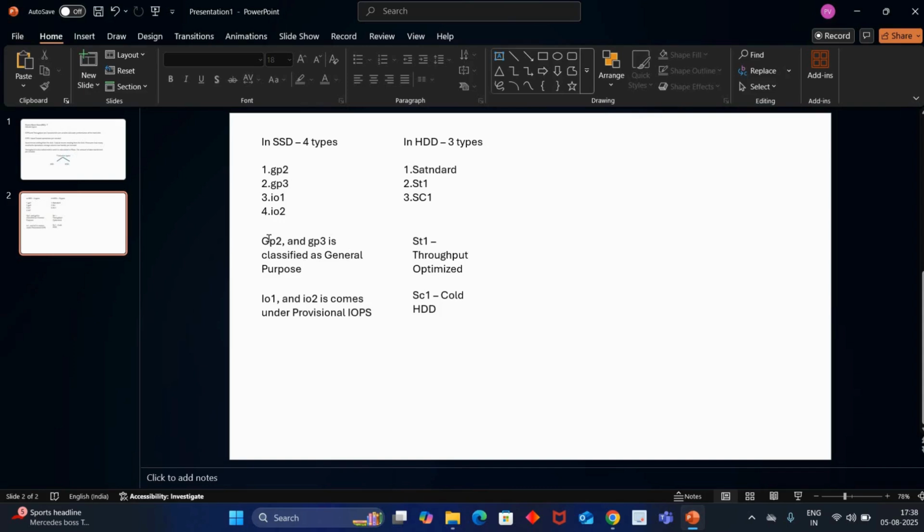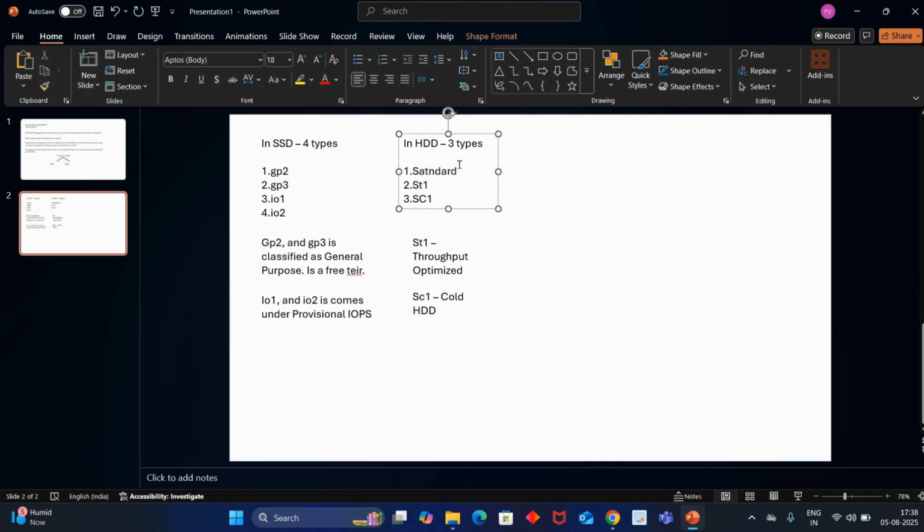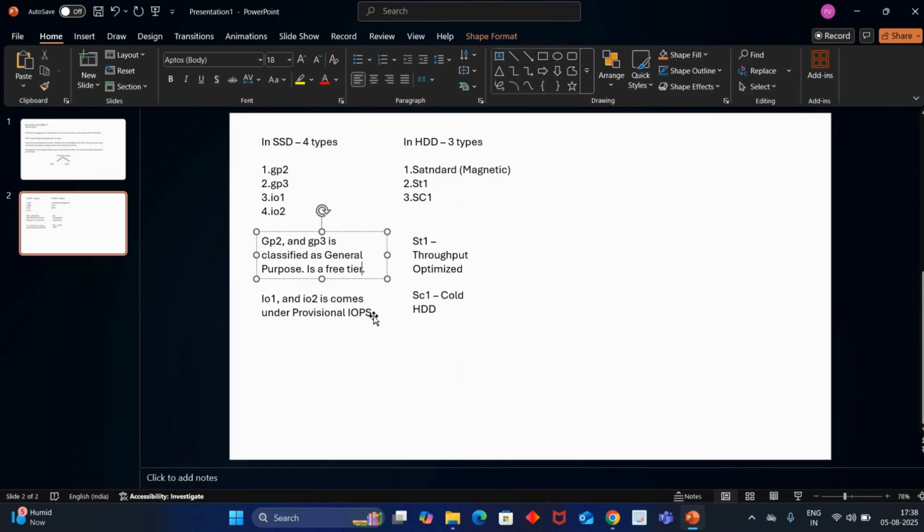GP2 and GP3 are free trial, and other types will cost. GP2, GP3, and standard, which means magnetic, are free trial.